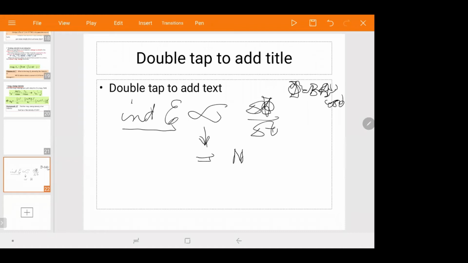That's what we call N, number of turns in a coil. So induced EMF then equals N times rate of change of flux. How fast does the flux change?